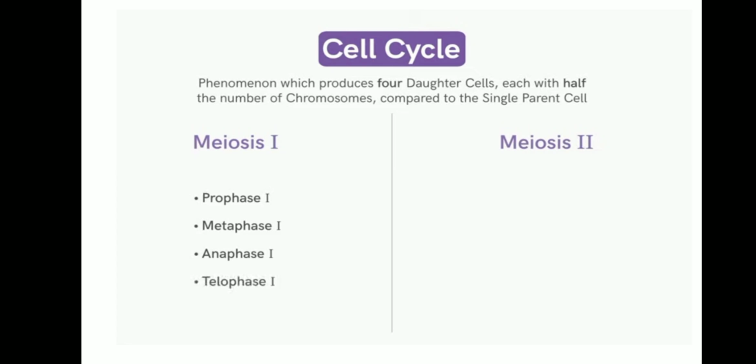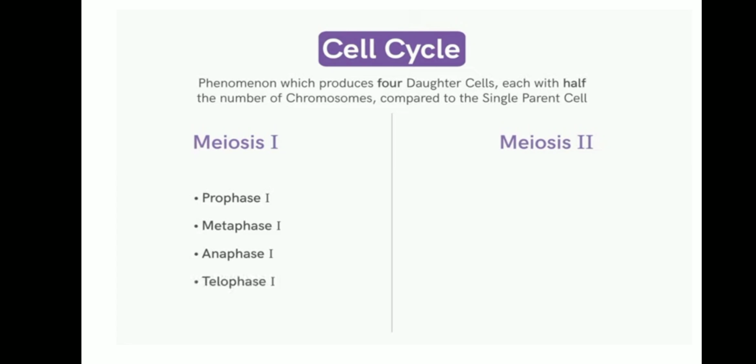Two kinds of divisions happen in meiosis. One is heterotypic division or first meiotic division, and the second is homotypic division or second meiotic division. Here first we'll see the heterotypic division.